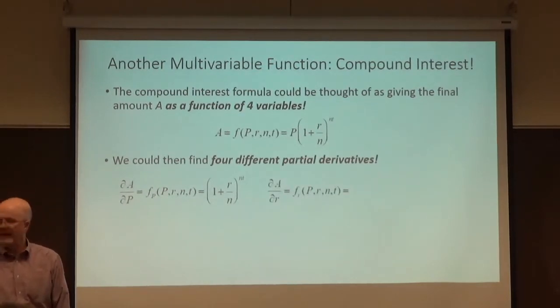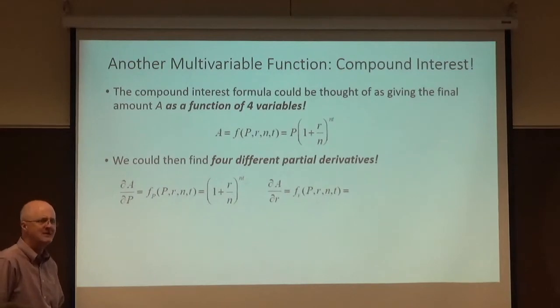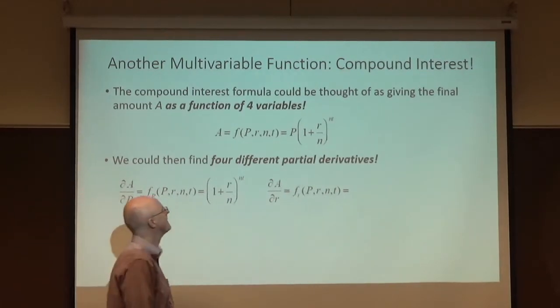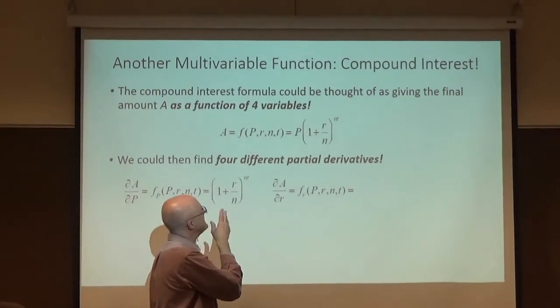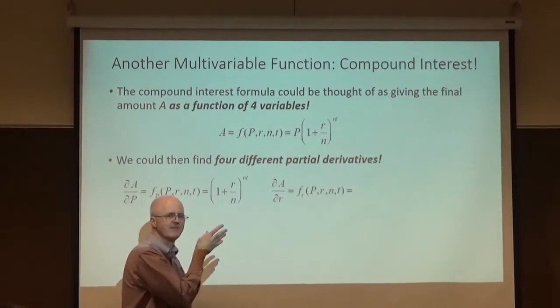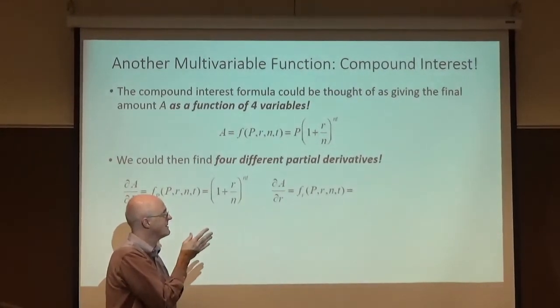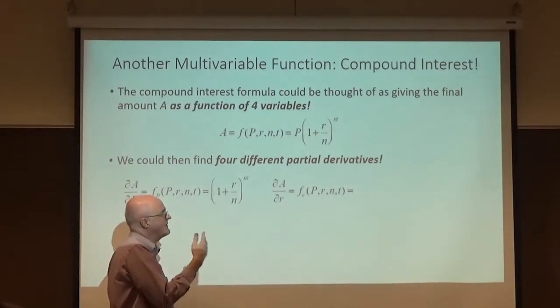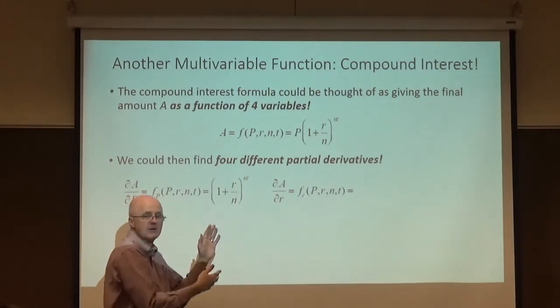How about the derivative of A with respect to r? That's a bit trickier. Look at that formula. Treat the p, the n, and the t as constants. r is the variable. That's similar to something like 5 times (1 + x) to some power.